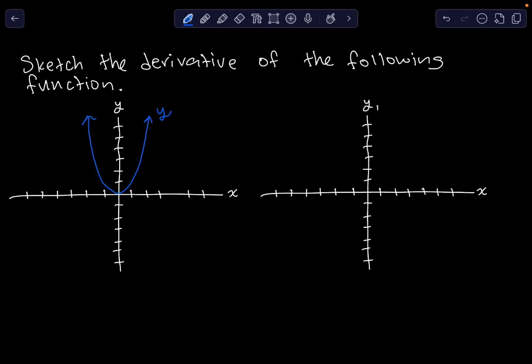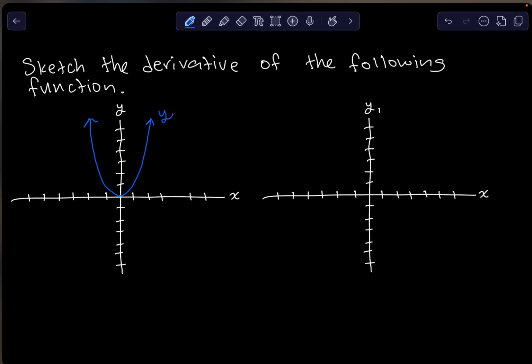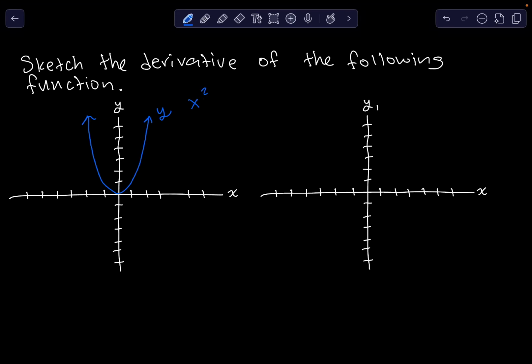All right, so let's jump into our first example. Right here we have a graph that looks like x squared, or its parent function is x squared, or maybe the function actually itself is x squared. Anyways, that's beside the point. So let's use our tips to understand how we'd sketch the derivative, plus a couple more that I might not have mentioned. First, let's find our critical points, meaning when our derivative is 0.